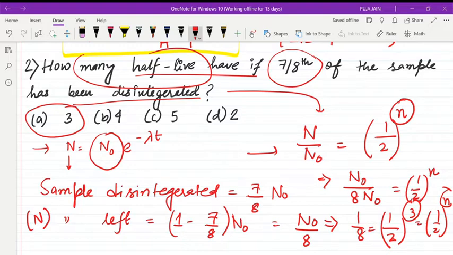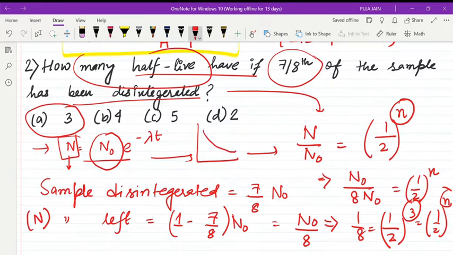Let me recheck the language of the question. How many half-lives have passed if 7/8 of the sample has been disintegrated. My initial amount of the sample is N0, and N is the amount of the sample left after time t. This is my radioactivity law, N equals N0 e to the power minus lambda t, exponential decay.